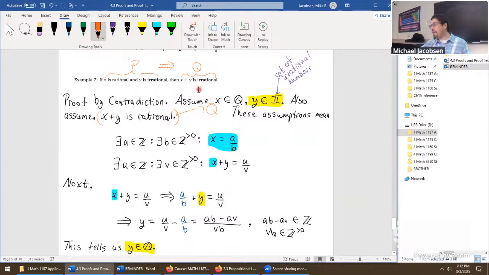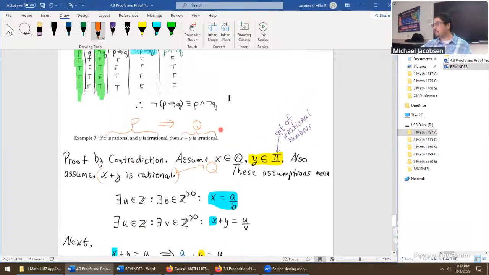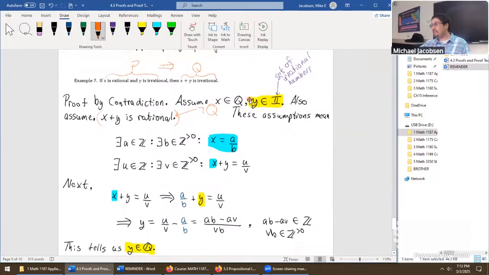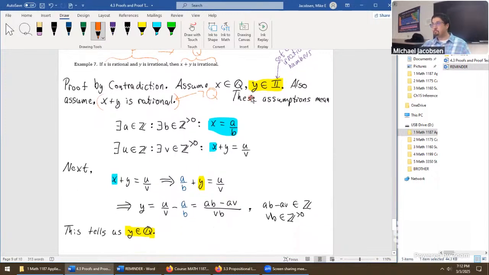And the contradiction occurred because we assumed P implies Q is false. The statement, assume x in Q, y in I, and x plus y rational, was just this logical equivalence, the negation of the implication. So all we now need to say is we found a contradiction and it implies the original statement is true.